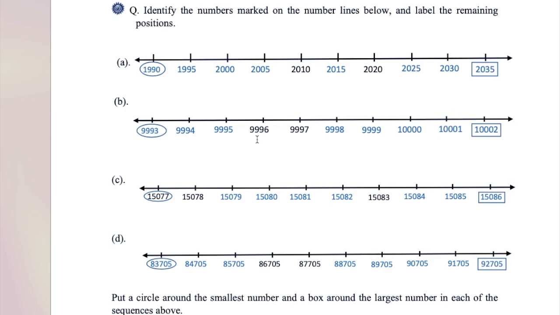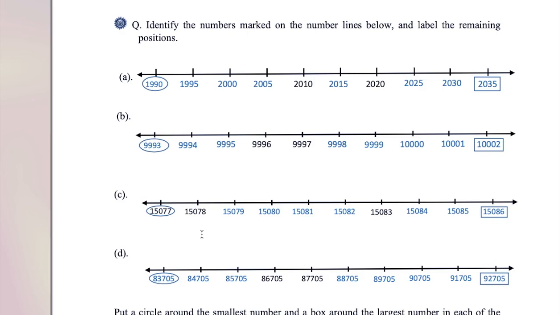But before 9996, the predecessor will be 9995, then 9994 and 9993. You have to draw these number lines in your notebook, I'm telling you. And when you circle and put the square box, please color these numbers.